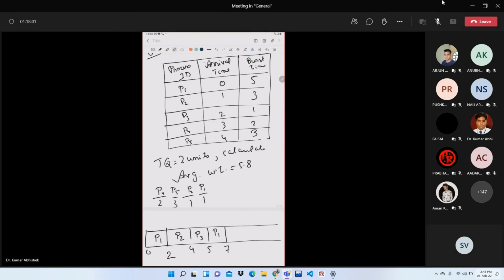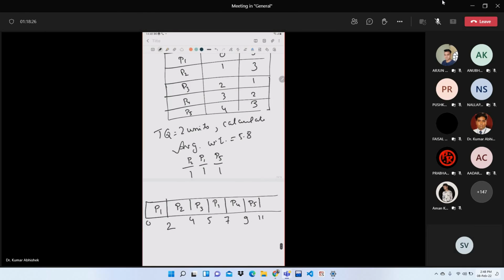And then at 7, P4 executes till 9 and goes off. At 9, P5 will execute till 11. At 11, your ready queue looks like this: P5 is 1.